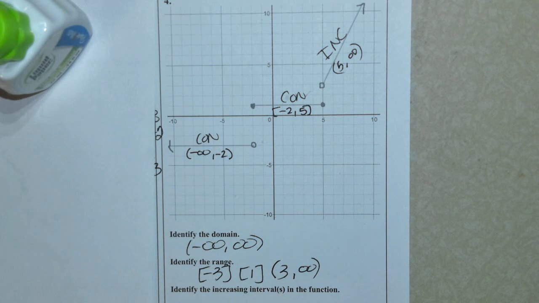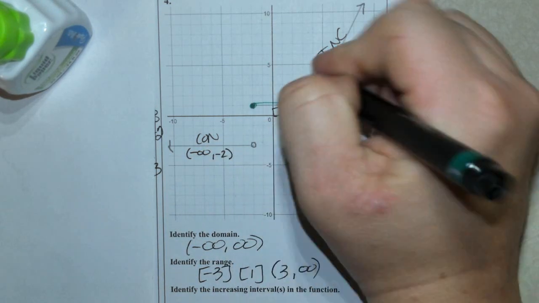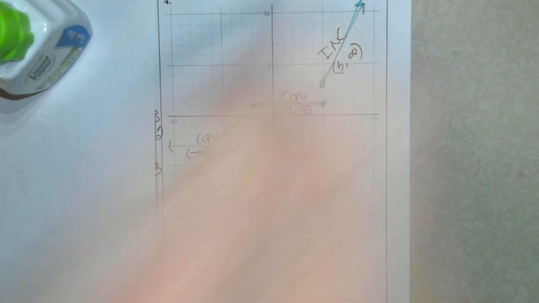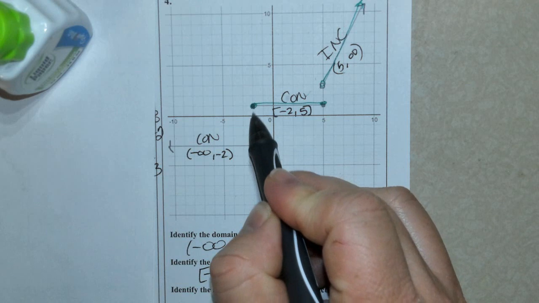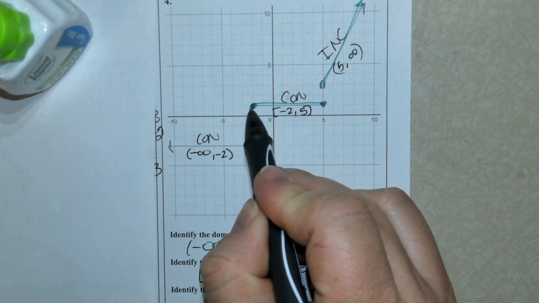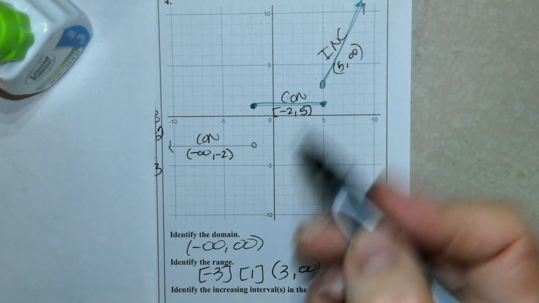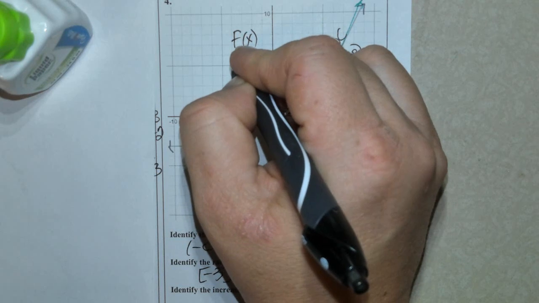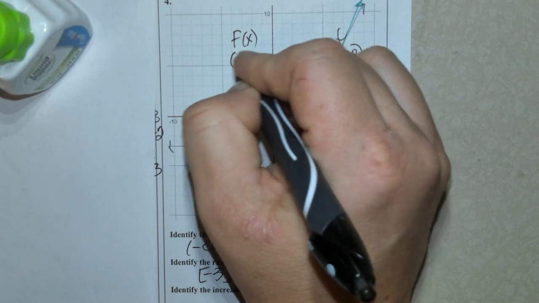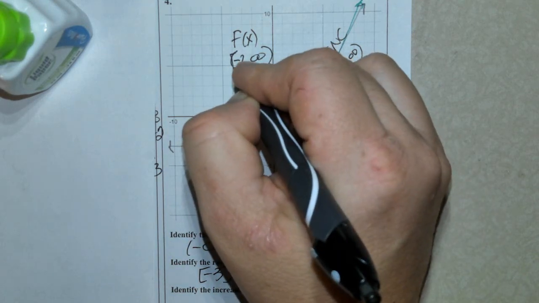The next part is where is it positive and where is it negative? So I can see that actually starting from an x value of -2, I would always be positive, the whole way. So positive f of x's occur from intervals of -2 all the way to positive infinity. And at -2, it's even positive, so I get to put a bracket.